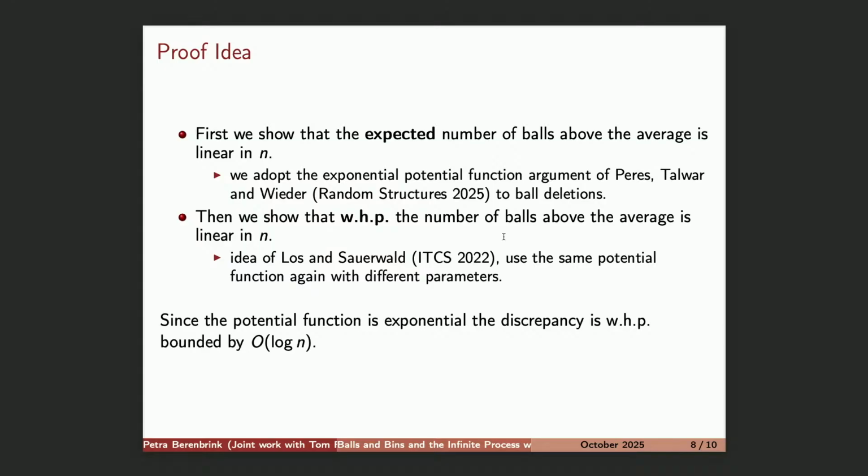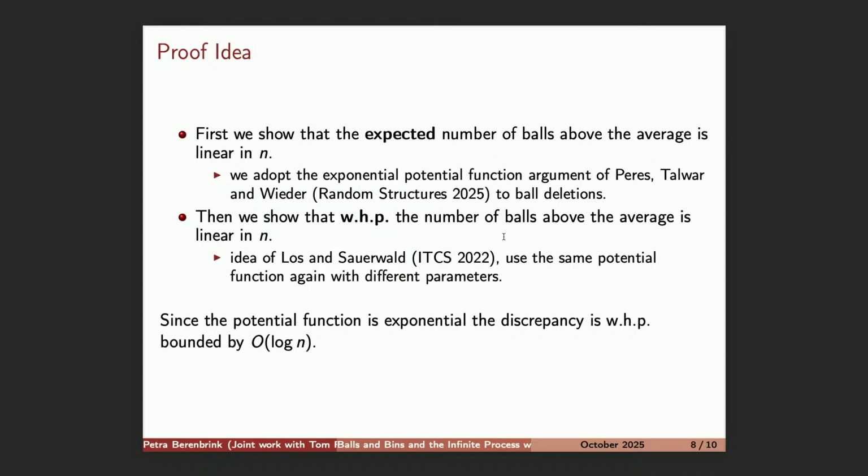So if you combine the two results and generalize them to deletions, you get that with high probability, the number of bolts above the average is linear. And since that is an exponential potential function, you automatically get that the difference between the minimum and the maximum load is logarithmic.